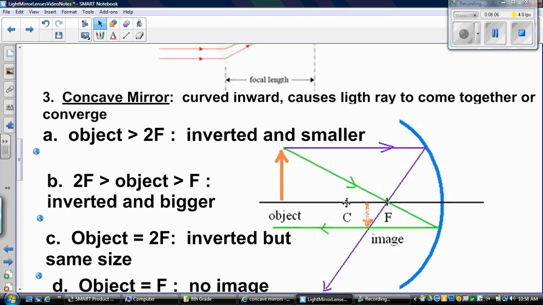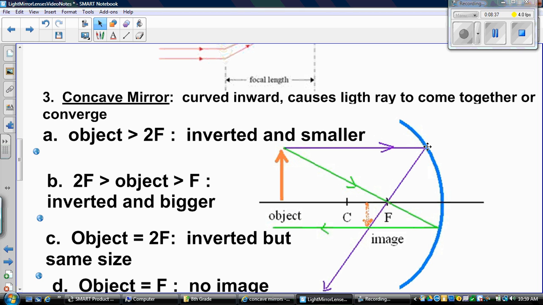So if we have an object that's an arrow, okay, whenever you draw these, you will draw 2 incoming rays. The first ray you will draw is the one that is parallel to the optical axis. So you draw that in parallel. If you draw it in parallel, it will hit the mirror, and the reflecting ray will always, I'm sorry, these are reflecting, not refracting, because mirrors always reflect.